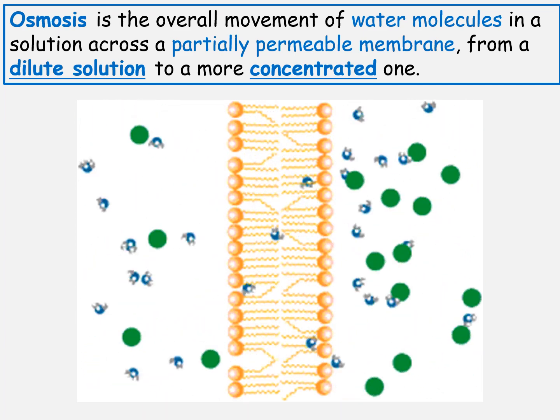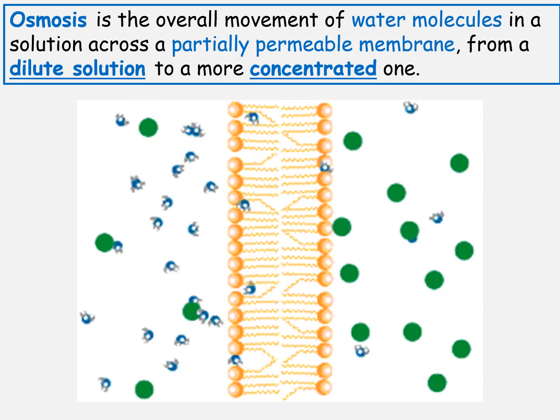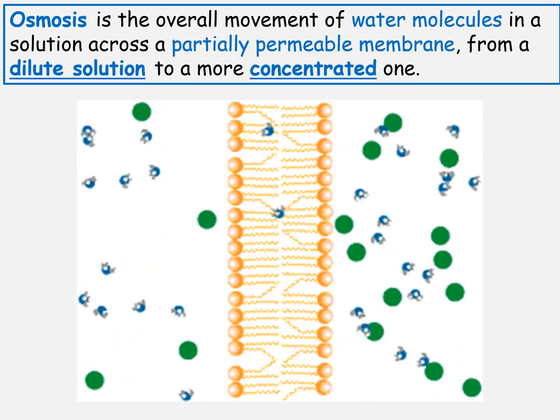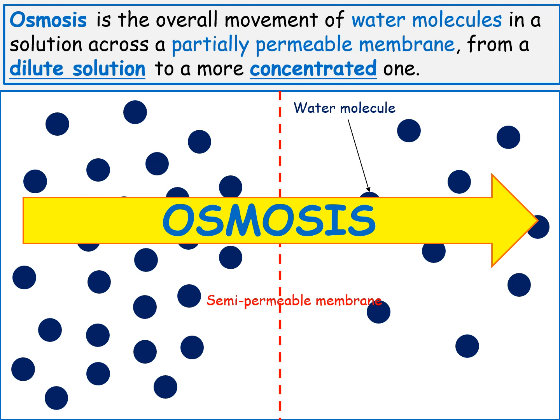And actually that might be a little bit easier to see in a static picture. Okay, so if you have a look at the picture that I've just put up, you'll see on the left hand side we've got lots of these blue particles. Now these blue particles are actually meant to represent water particles, and you'll see that on the left hand side we've got a really high concentration of water molecules.